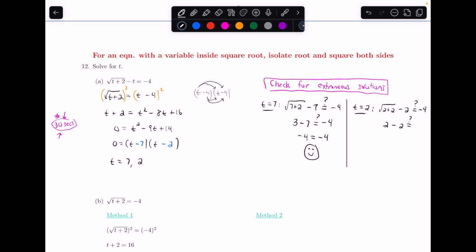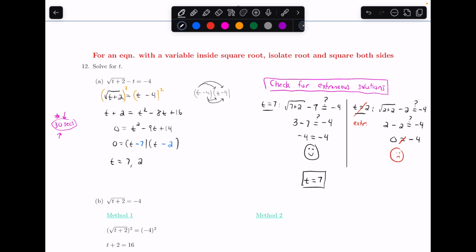Does that equal negative 4? Now the left-hand side becomes 0, so I get 0 equals negative 4. Those are clearly not the same, so I'll put a sad face, which means that the answer t equals 2, I'll put a slash through it. That's extraneous, and I only have one answer. Only t equals 7 ended up working.